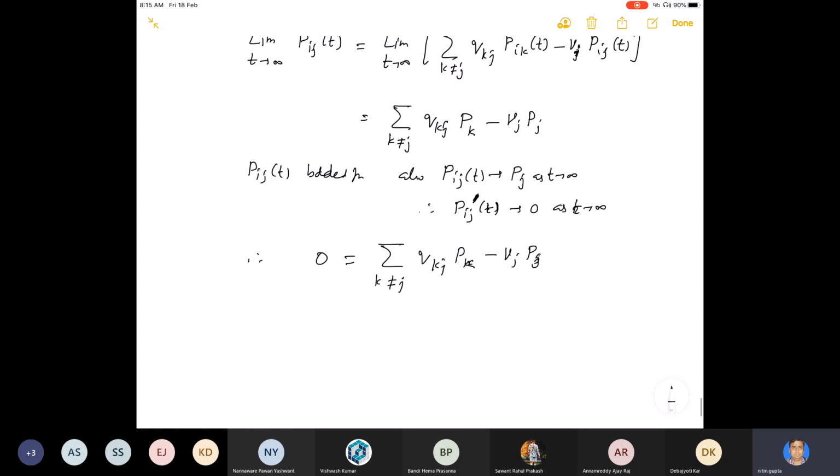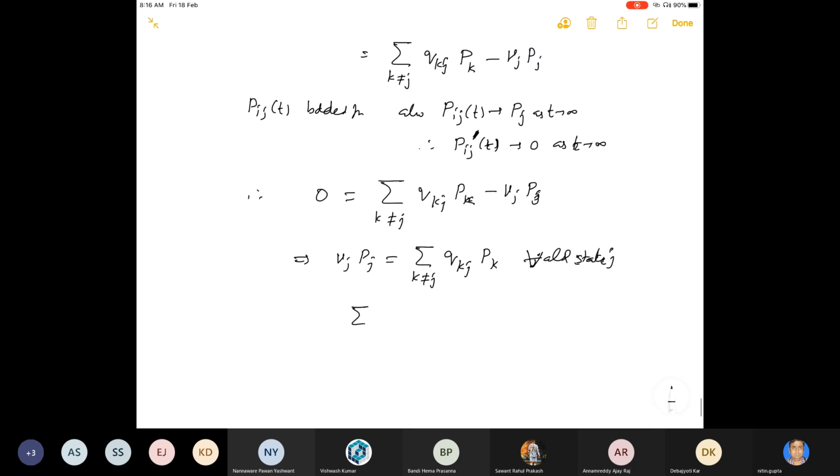This implies that vj Pj is the summation over k not equal to j of qkj Pk for all states j, and the summation of Pj over j is 1.